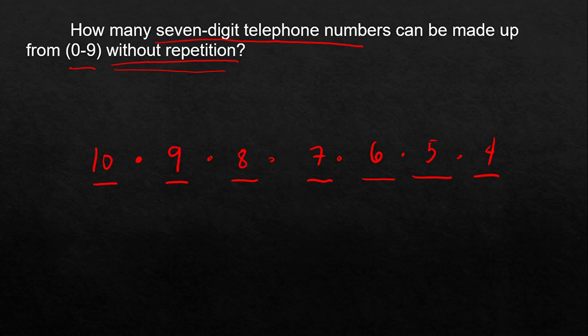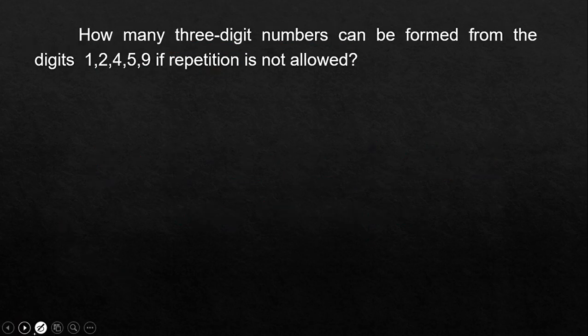So that is 10 times 9 times 8 times 7 times 6 times 5 times 4. You will get 604,800 telephone numbers. That's how quick it is using the fundamental counting principle.